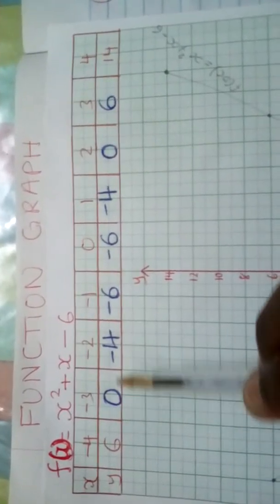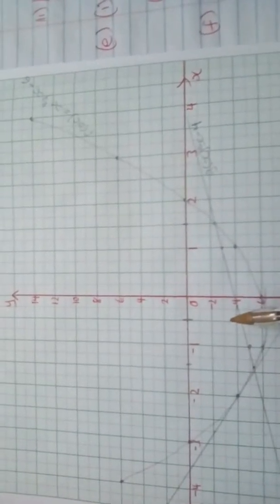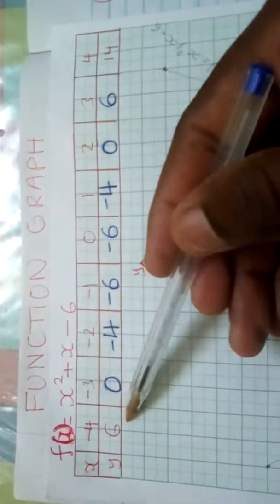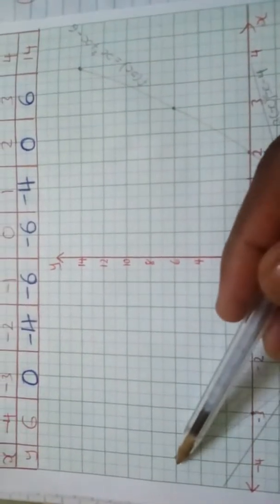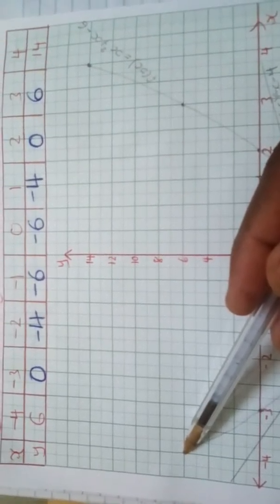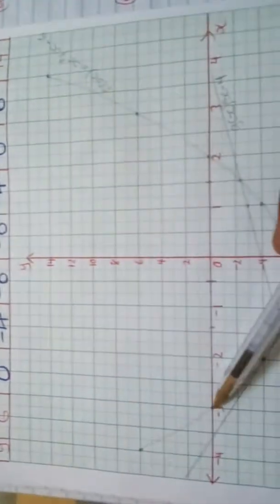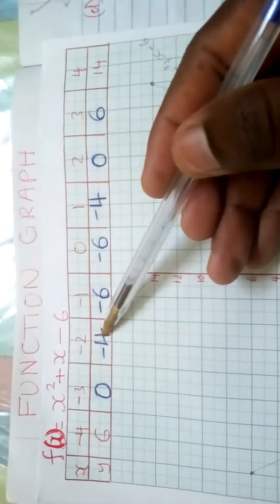Now, after getting all the values and given a grid, we shall plot all these points. Negative 4 and 6, we shall plot negative 4 and 6, our point will come there. Then we plot negative 3 and 0, negative 2 and 4.